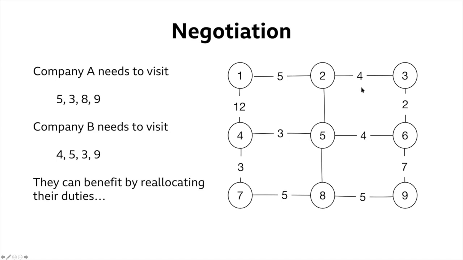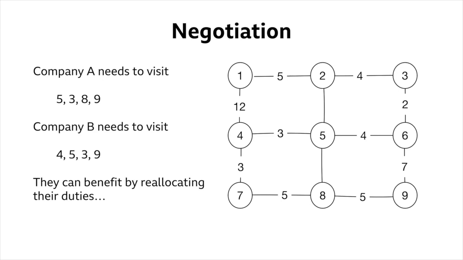The simplest way to address this problem is for company A's robot to simply find the shortest route which includes visiting 5, 3, 8, and 9. And that's a well-established computational problem.